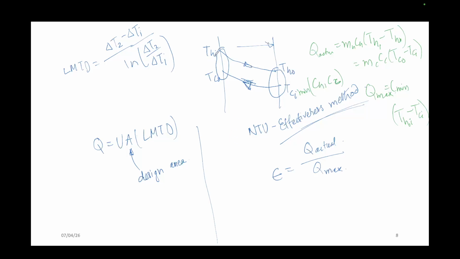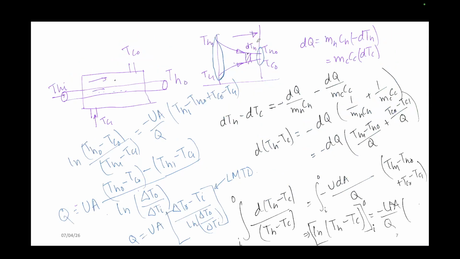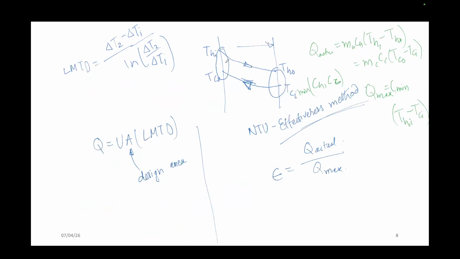See, this hot inlet is in this direction, and cold inlet is in this direction. So heat transfer will be more if, say I'm giving you an example scenario, THI is 100 degree and this is 50 degree, so the temperature drop is 50 degree.